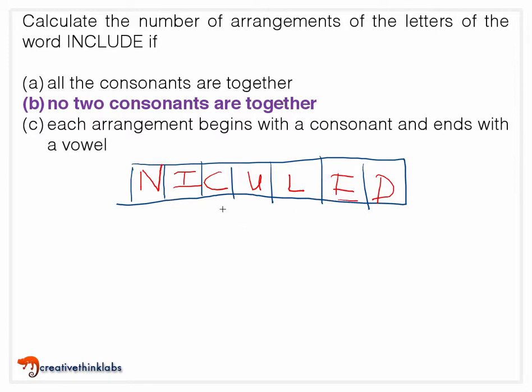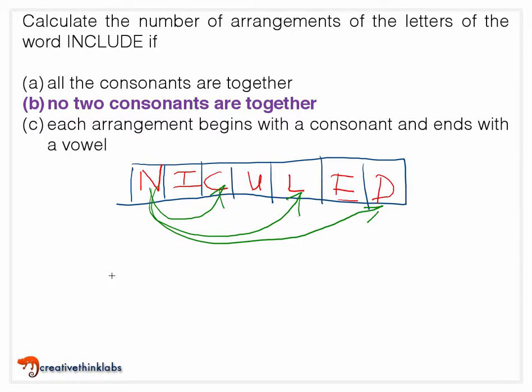Now again, this arrangement meets the requirement, but the letters can be permuted, meaning the N can switch places with C, it can switch places with L, and it can switch places with D, all the other consonants.